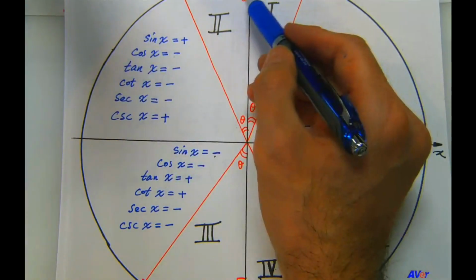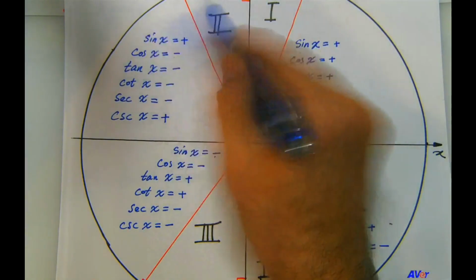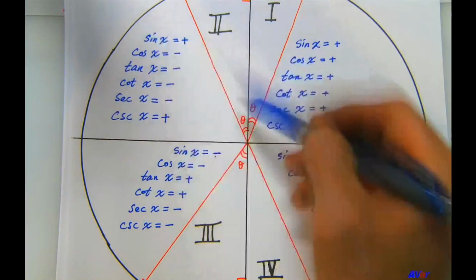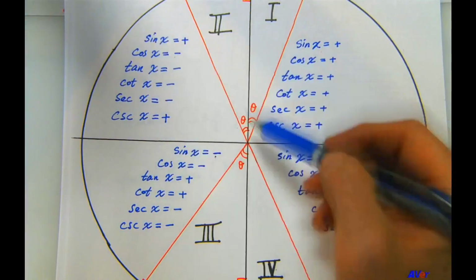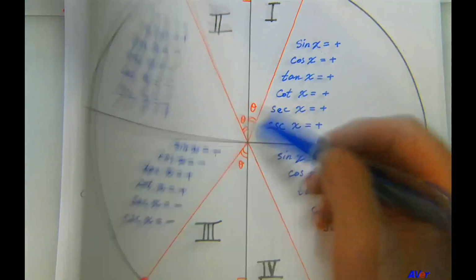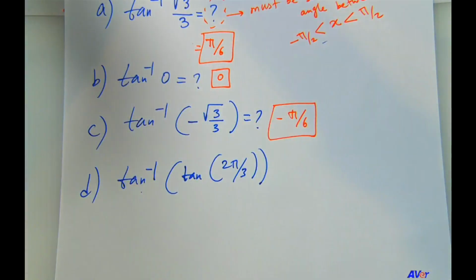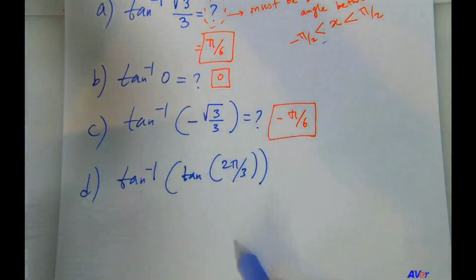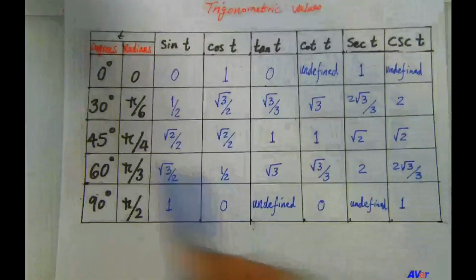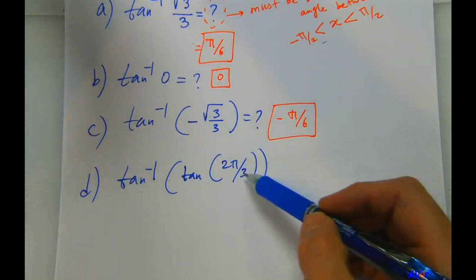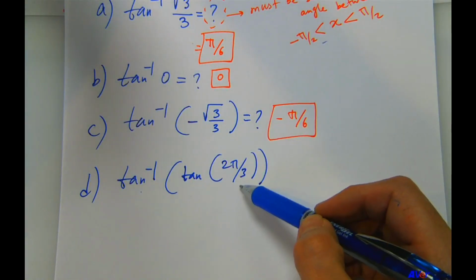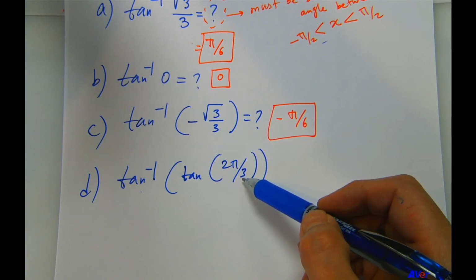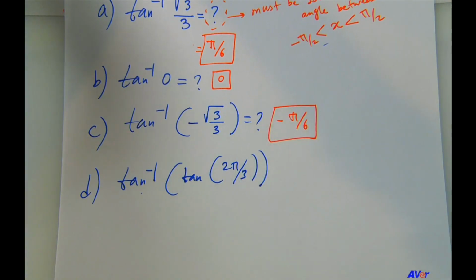That would be 90 plus 30 degrees, or 120 degrees. And so for the tangent function, this would be tangent of 2 pi over 3, it should be square root of 3. Let me get some help from my calculator here.